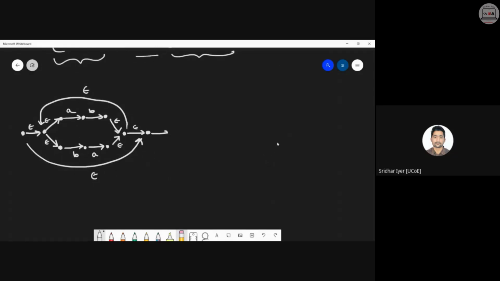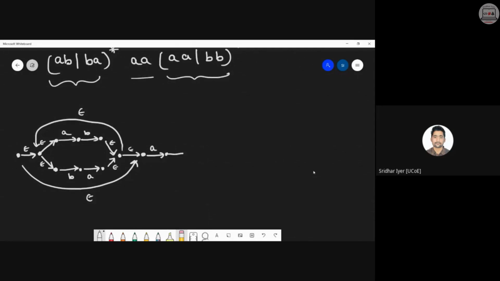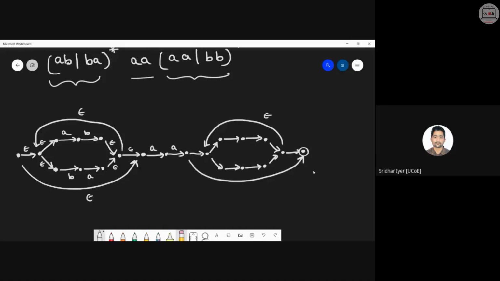It's a straightforward diagram. In fact, repetitive है बहुत. This is what I have got.